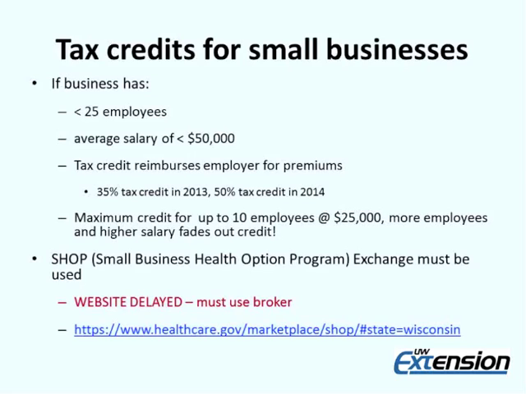And it fades out both at the same time. I don't want to get into examples here, because I'm probably going to get it wrong if I give anything exactly. But you could have less than 25 employees, but they're making more money, so the tax credit has already faded out by then. So it's a double fade out for the tax credit.